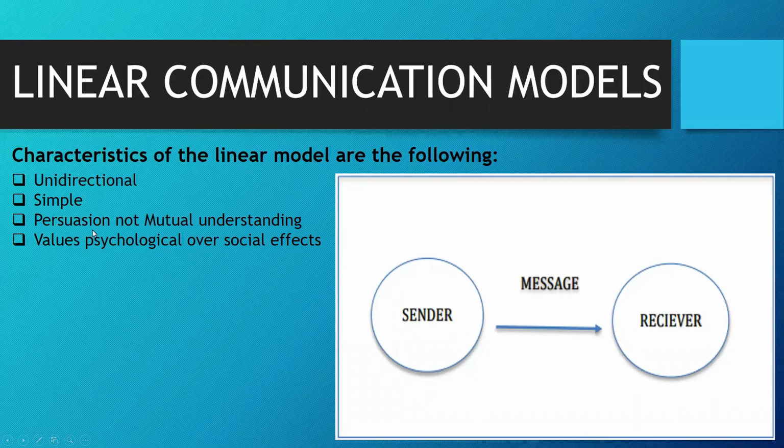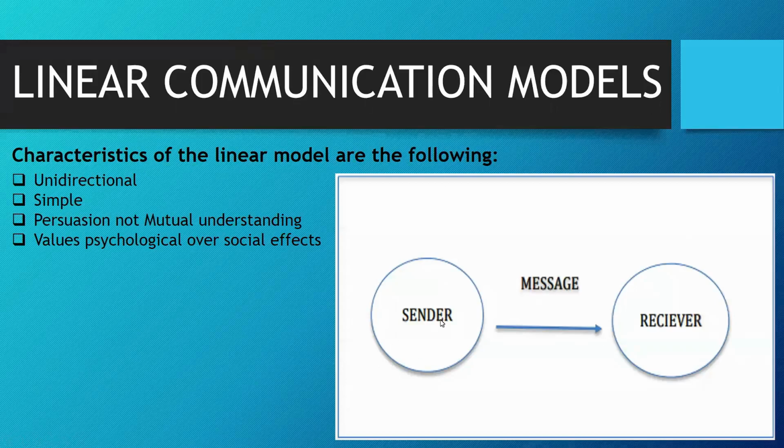Next, of course, we have the persuasion, not mutual understanding. The sender may persuade the receiver of the message, and the sender may also give advice to the receiver. But that doesn't mean that they both understand each other.